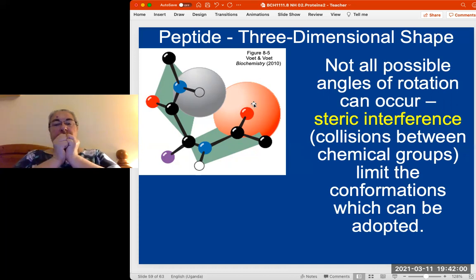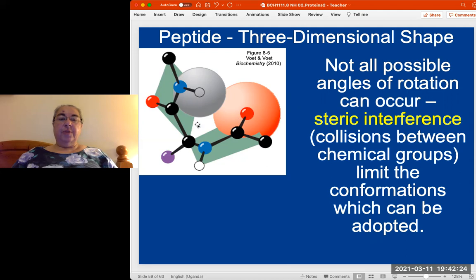This is a process which would need a lot of energy. So it tends not to usually happen in nature. It's called steric interference. There's a collision between the space occupied by the atoms of each of the R groups.